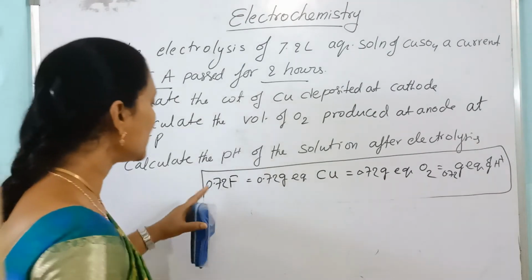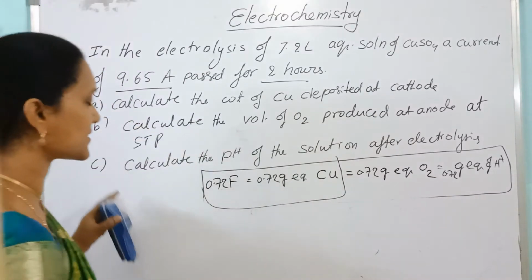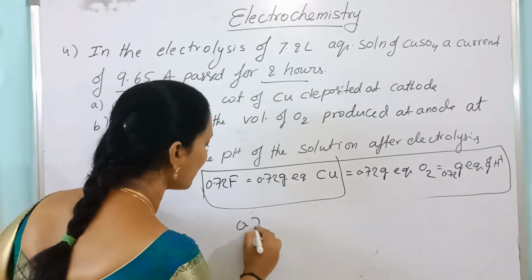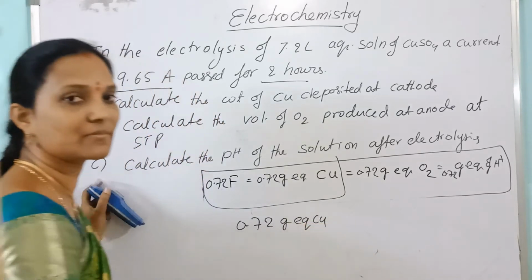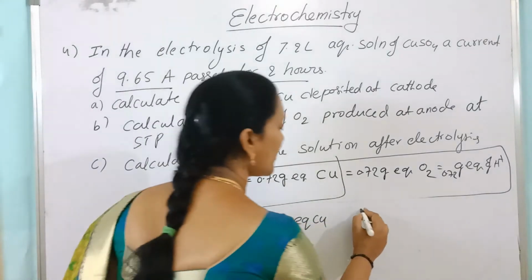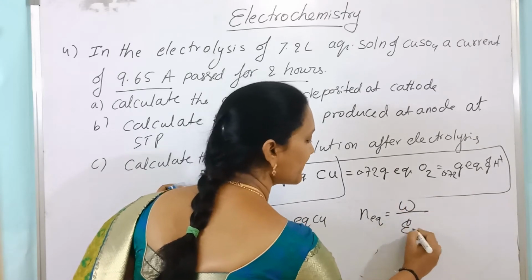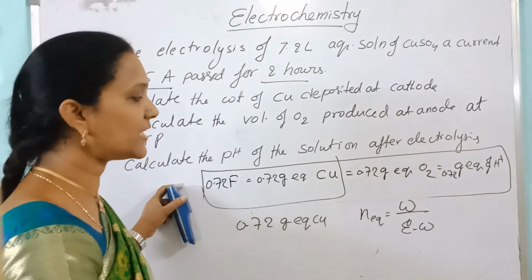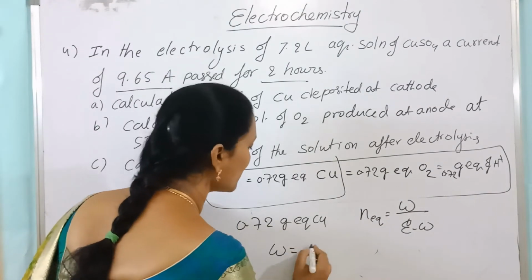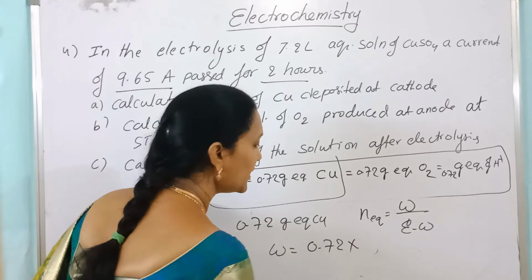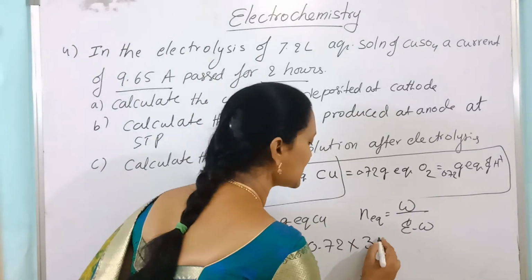Now here, the mass they are asking first. Calculate the mass. Now 0.72 gram equivalents of copper we are getting. What is the mass? Number of gram equivalents is equal to mass by equivalent mass, yes or no? So mass is equal to number of equivalents, 0.72, into its equivalent mass, copper equivalent mass 31.7.